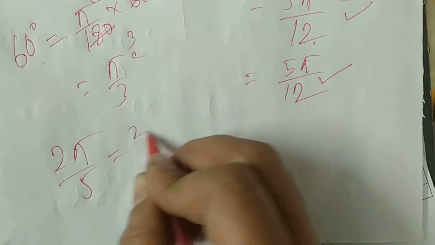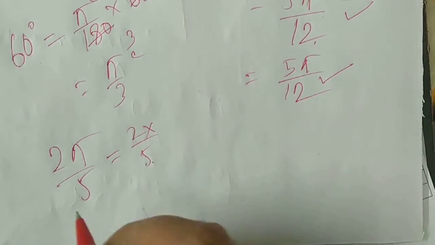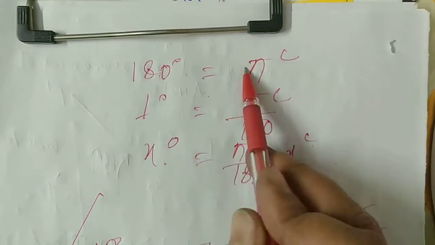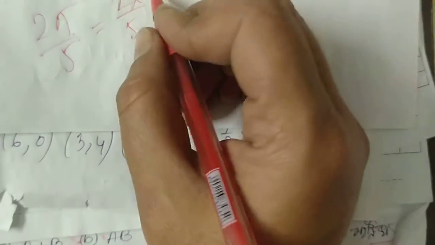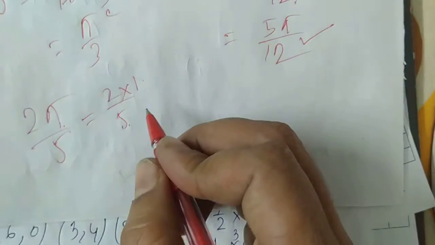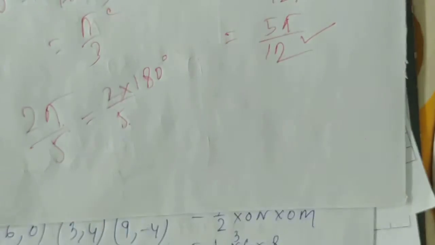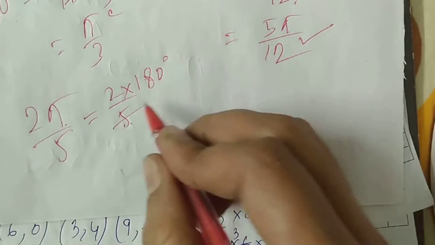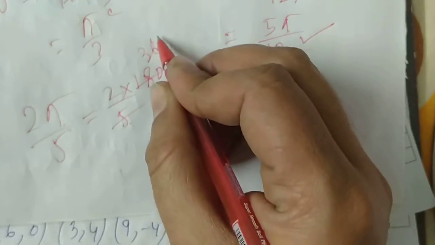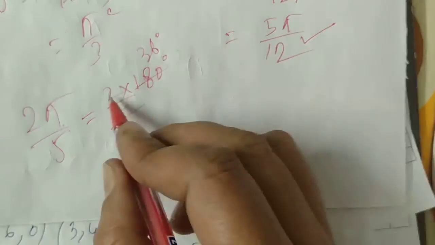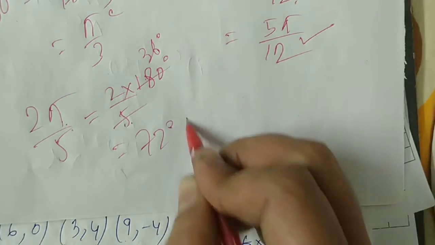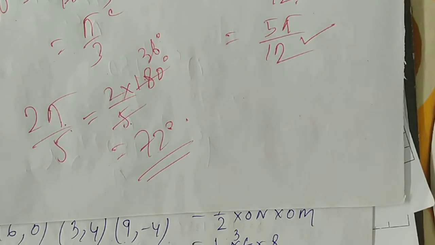So this equals 2 by 5 into pi. Everyone knows that pi equals 180 degree. So here we write 180 degree in place of pi. So this equals 2 into 36, that is 72 degree.